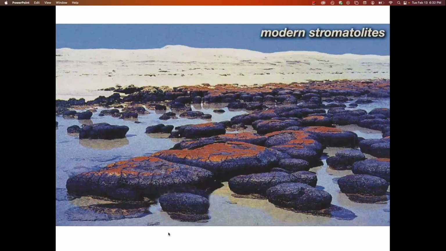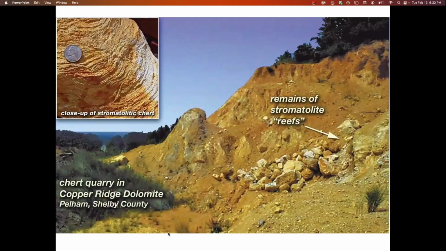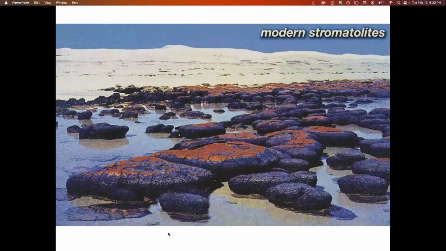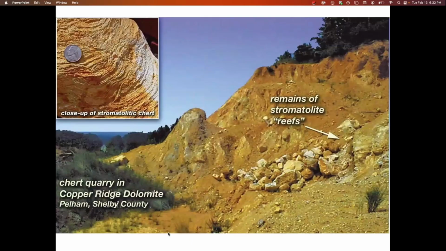And you can take a look, and here are some fossils of stromatolites, these stromatolite reefs, like I showed you in this picture back here. That's a stromatolite reef right there along the coast. Here's one from Australia. This is a fossilized stromatolite reef from Alabama, from the Precambrian age Copper Ridge Dolomite Formation.